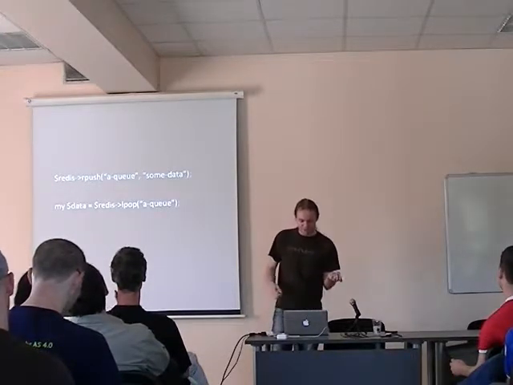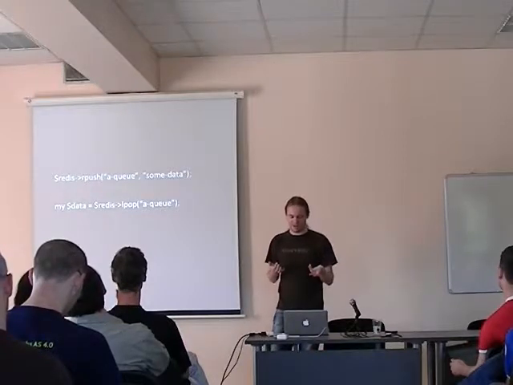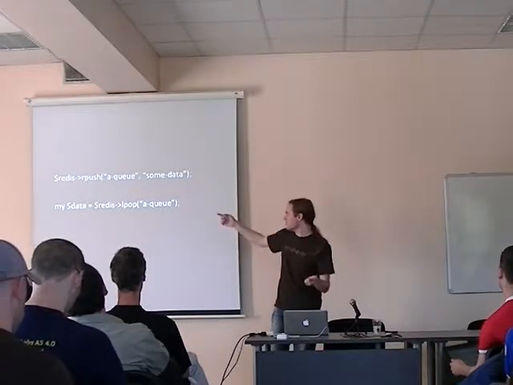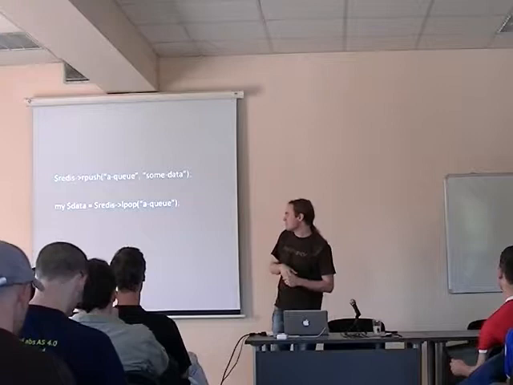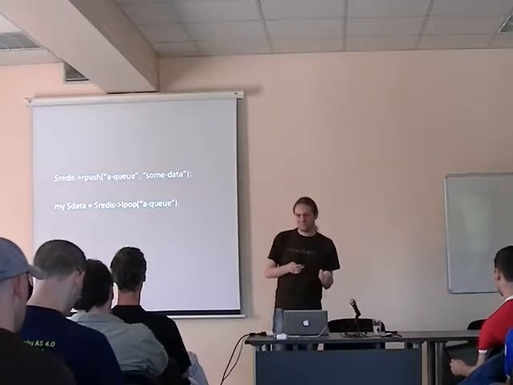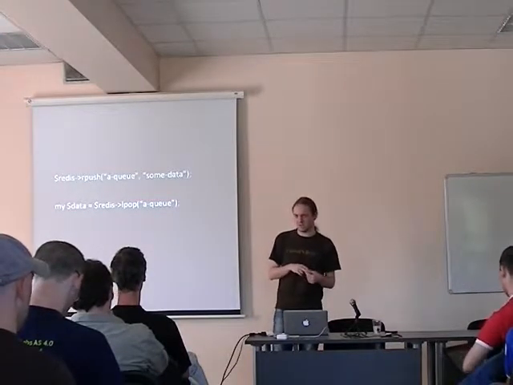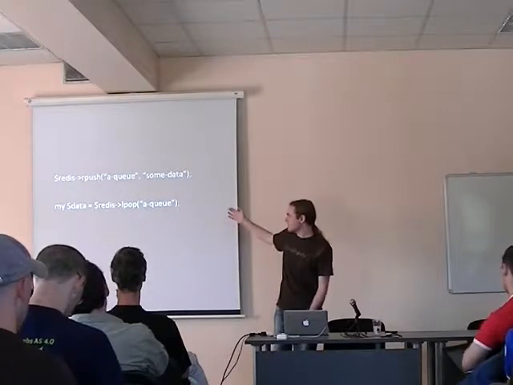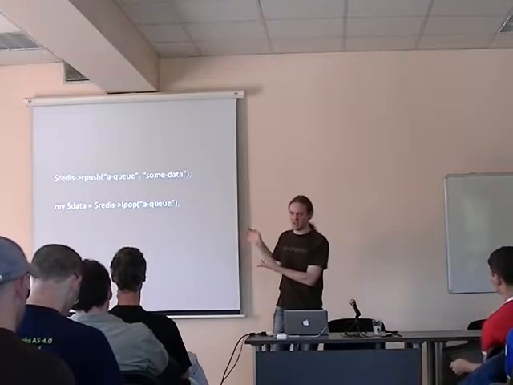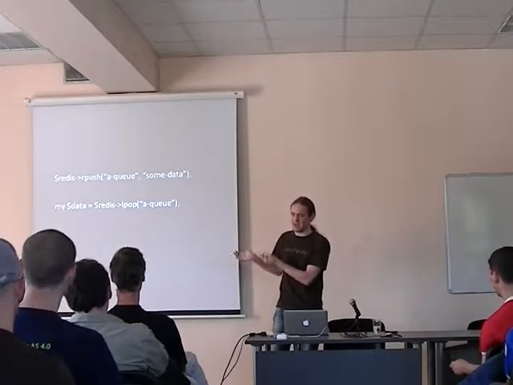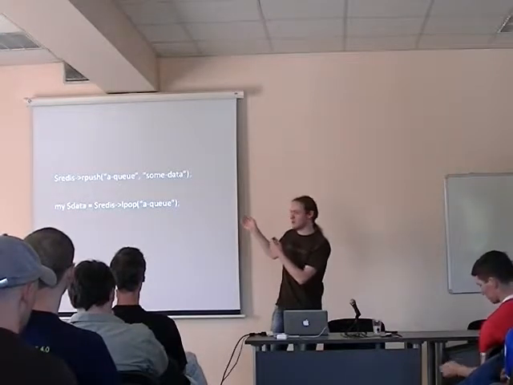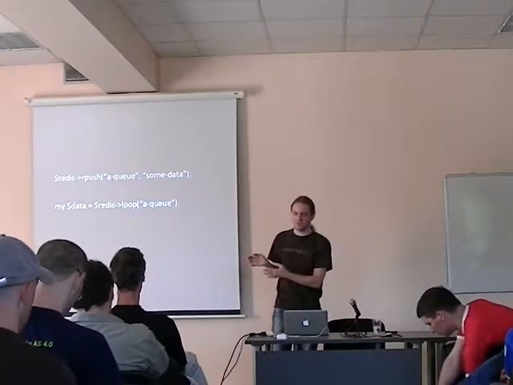Yeah, and then if you pop off that queue, you then get the data that you put on the queue. So that's really simple to use. It's a little bit different to using it as a Perl array, but because this Redis server is sort of a shared data structure server, any app can come along and push onto that queue, another app can come along and pull off it.